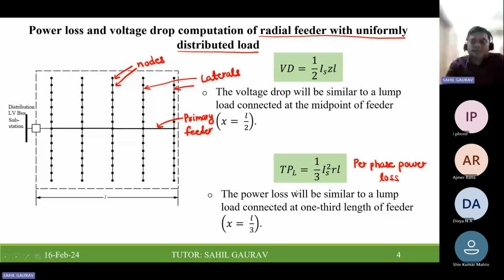Again, if you compare this with a lump load connected to this primary feeder, then this L effective comes as L upon 3. So we compare the L effective or equivalent with the connection of lump load.